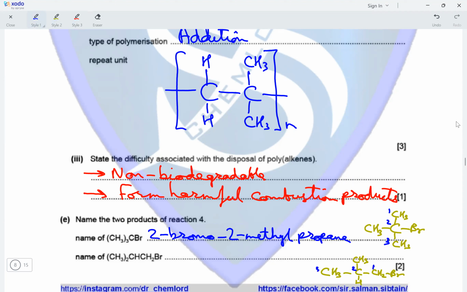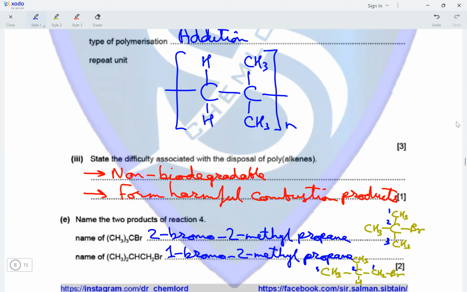So this will be called 1-bromo-2-methylpropane. So the name of the first product is 2-bromo-2-methylpropane, and the name of the second one is 1-bromo-2-methylpropane.